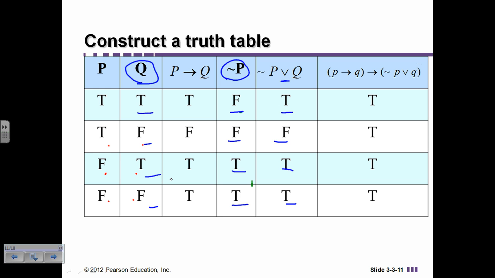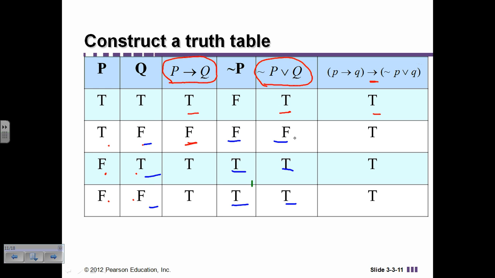For our last step, we want to focus on two columns in our chart: the P implies Q column and the not P or Q column, and we're looking to see the truth values for that. When we have true implies true, according to our table, that would be true.